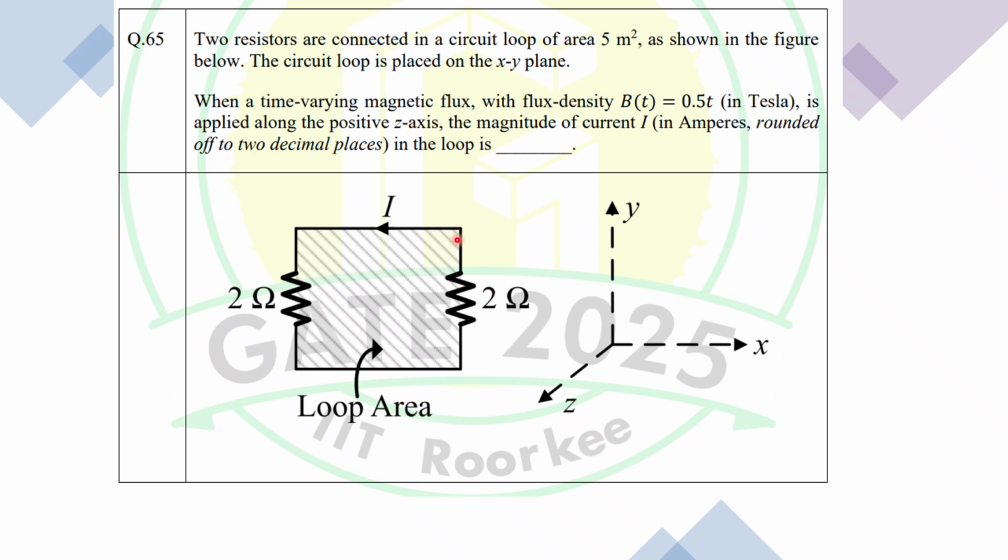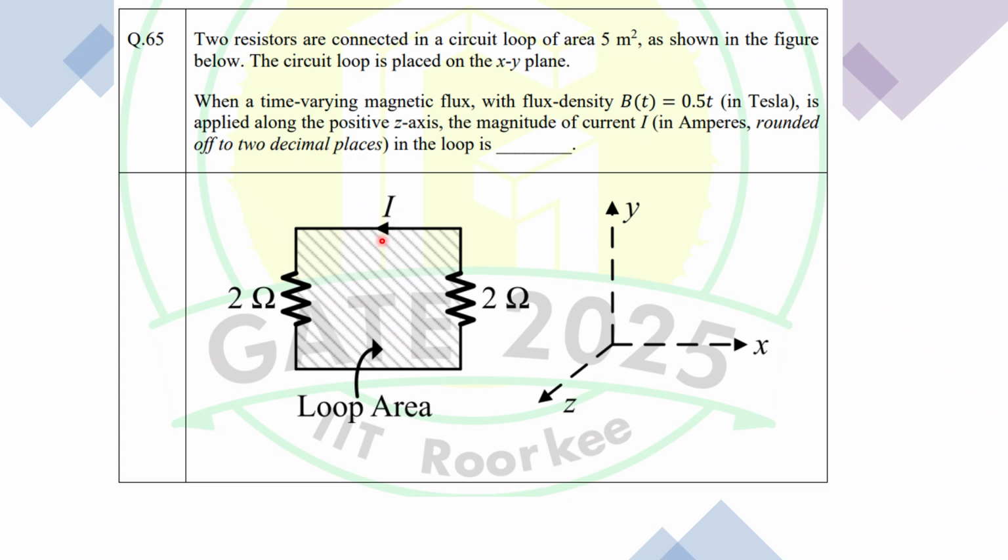Then how is it possible that current will flow? The answer is very simple: because of this time varying magnetic flux. If you keep this loop having the resistors in a time varying magnetic flux, then automatically there will be an induced current.